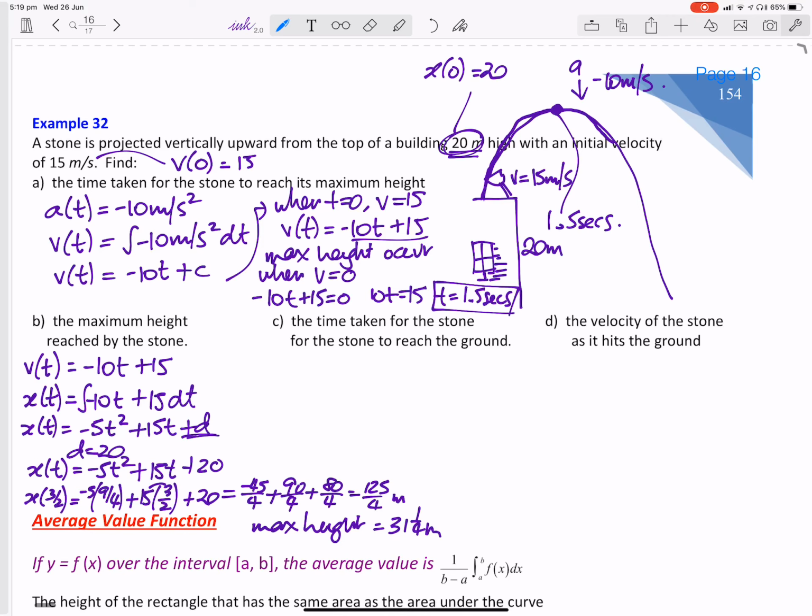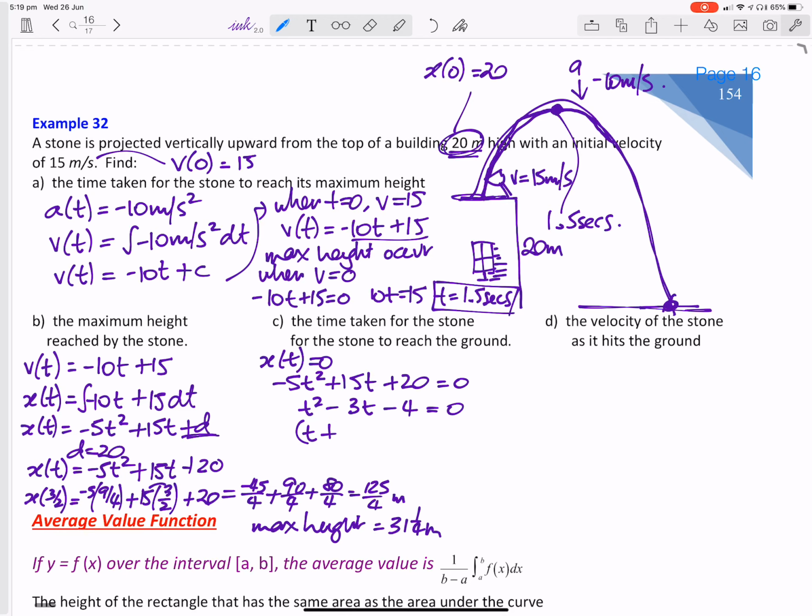Find the time taken for the stone to reach the ground. So x of t will equal 0, because there it's at 20 meters, but when it gets down to the ground, the height, which is x of t, will equal 0. So we've got negative 5t squared plus 15t plus 20 is 0. Divide through by negative 5, t squared minus 3t minus 4 equals 0.